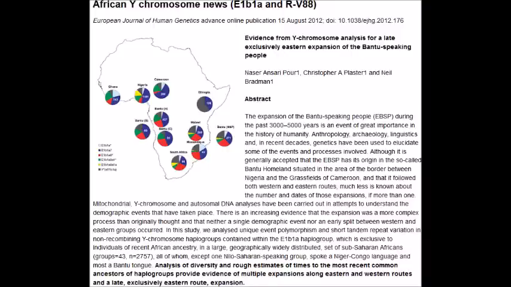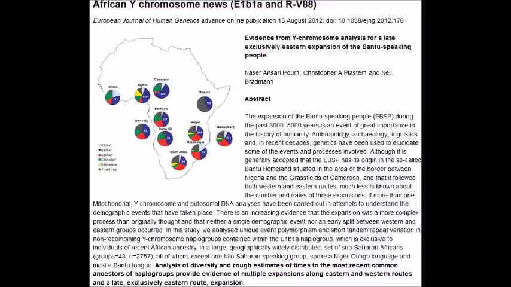analyze unique event polymorphism and short tandem repeat variation in non-recombining Y chromosome haplogroups contained within the E1B1A haplogroup, of course, of the Bantus, which is exclusive to individuals of recent African ancestry, in a large, geographically widely distributed set of sub-Saharan Africans."